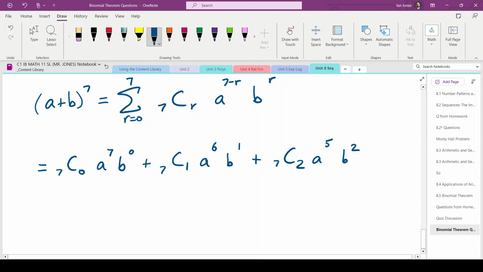Because that's what the summation notation means, right? We're incrementing r by 1 each time.